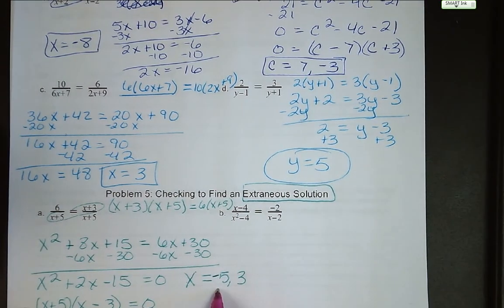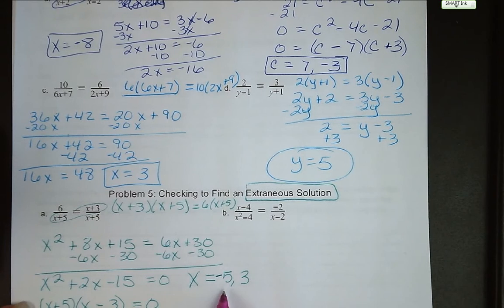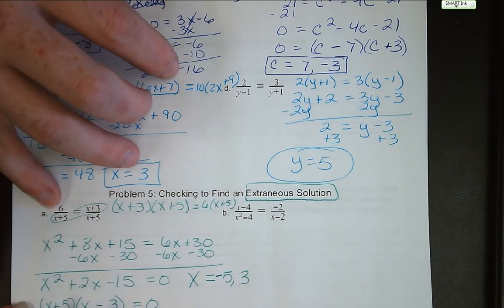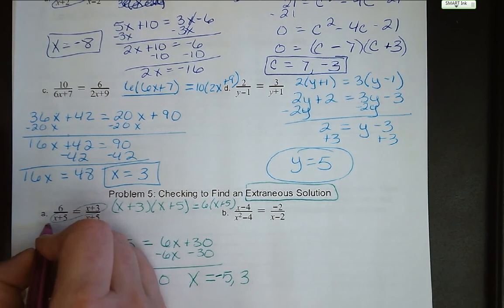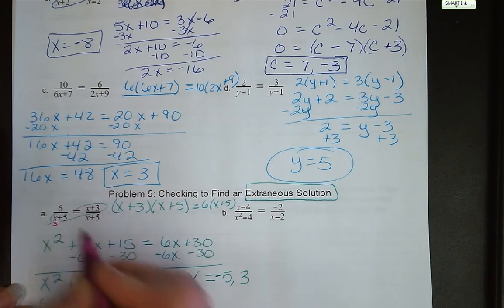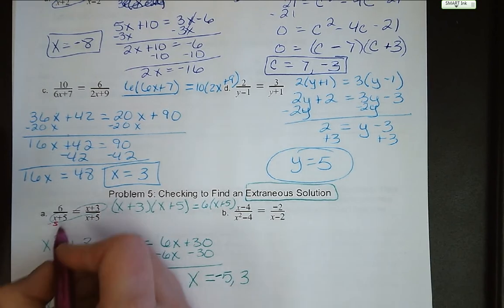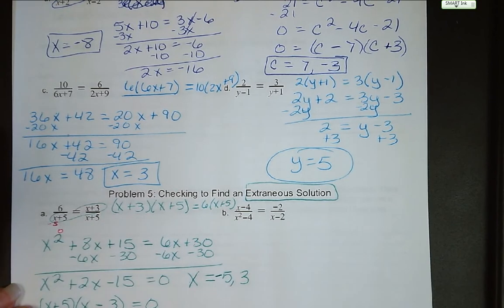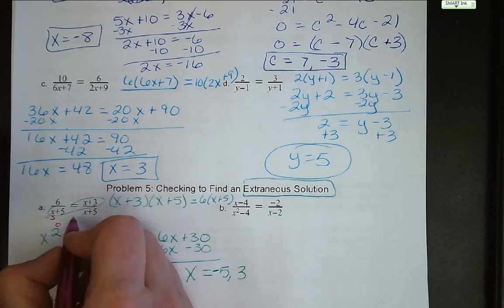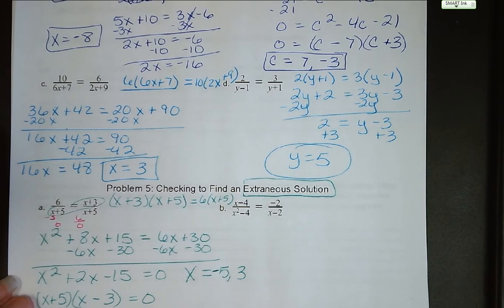Negative 5 plus 5 is 0. So 6 over 0 is... what is 6 divided by 0?